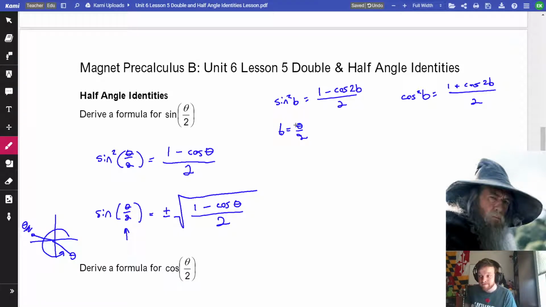And sine in the second quadrant, always save the crust. Sine in the second quadrant is positive. So you would then choose the positive sign. We'll do an example in a moment. So that plus or minus needs to stay there. That is our half angle identity.